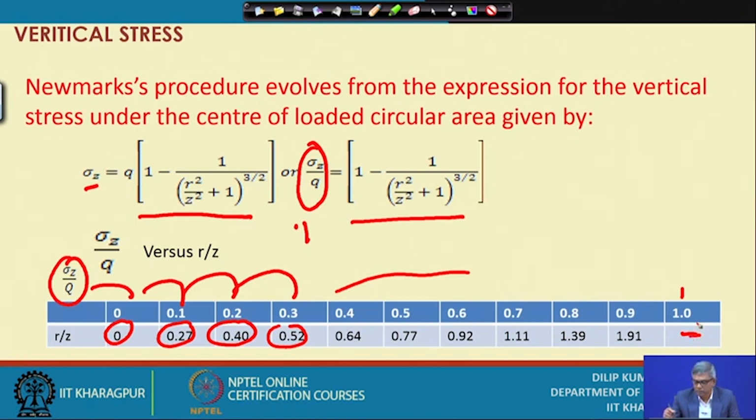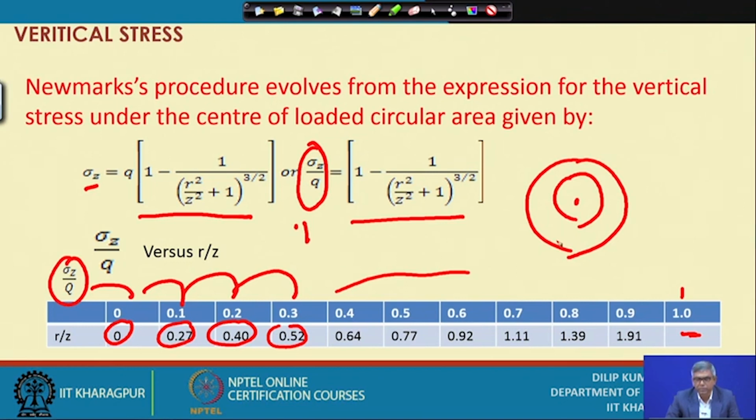So, what is the meaning of it? If I want to find the pressure intensity at a particular depth, I can think of different radii of circles, and at the same depth I can find what the pressure could be. By using this, a chart can be prepared, that is called Newmark's chart.